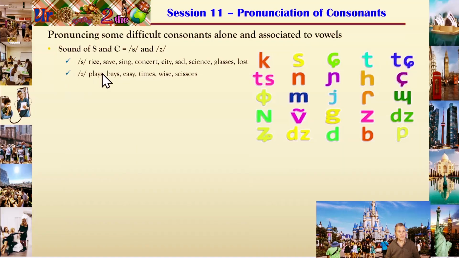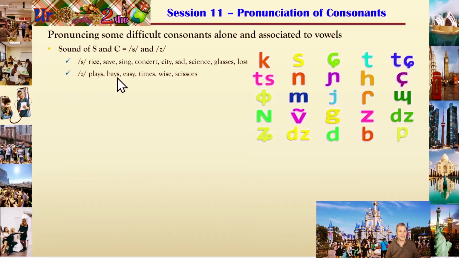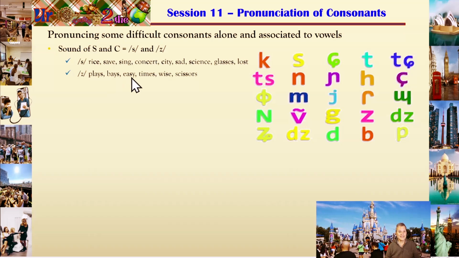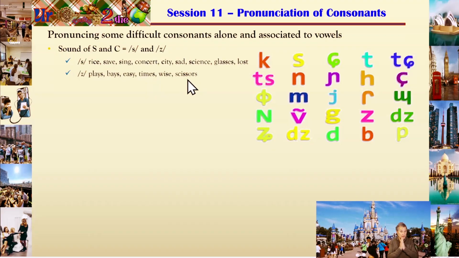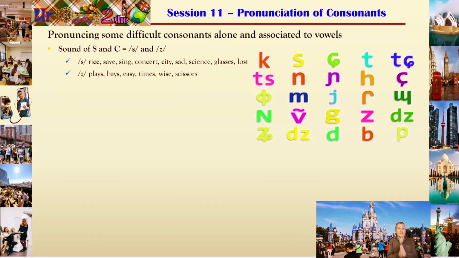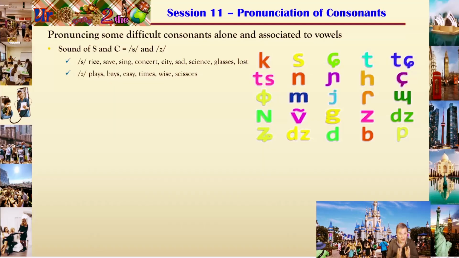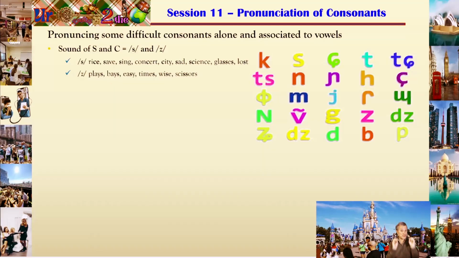So, for example, blades, base, easy, times, wise, scissors, Jesus, right? I repeat, I have exaggerated a little. Obviously, you don't pronounce like that normally, right? As if you had a problem on the tip of your tongue, right? But just for you to know what the sound consists of, right?